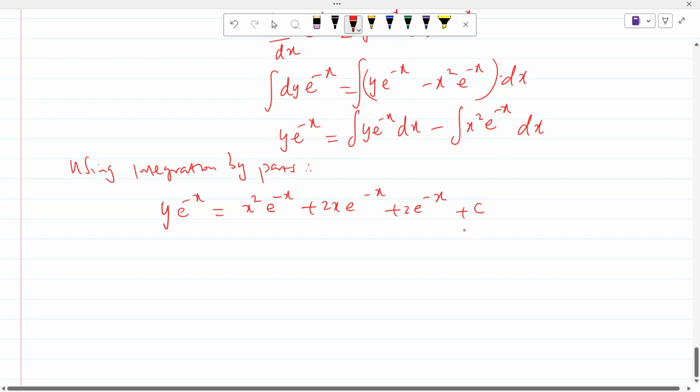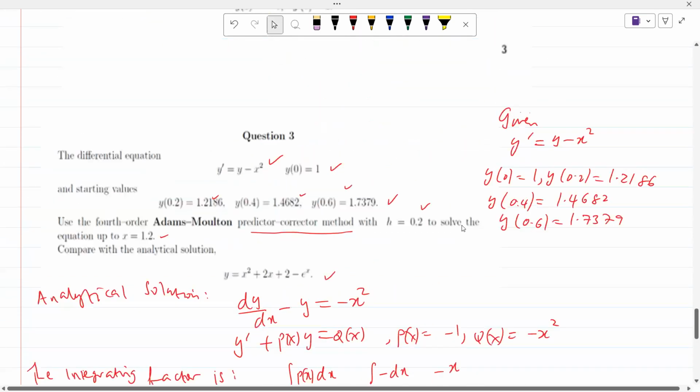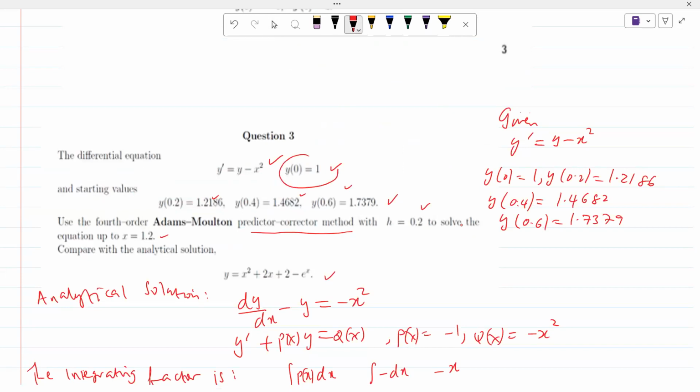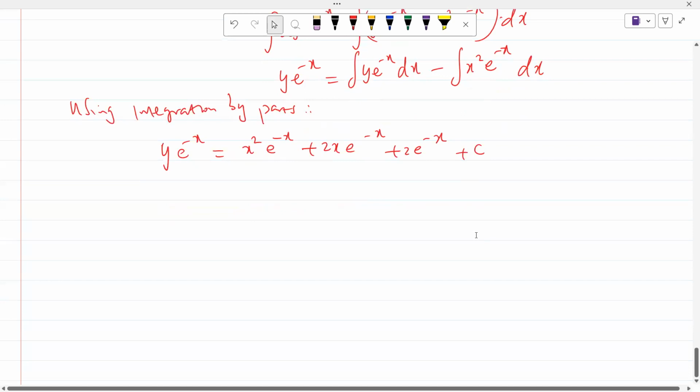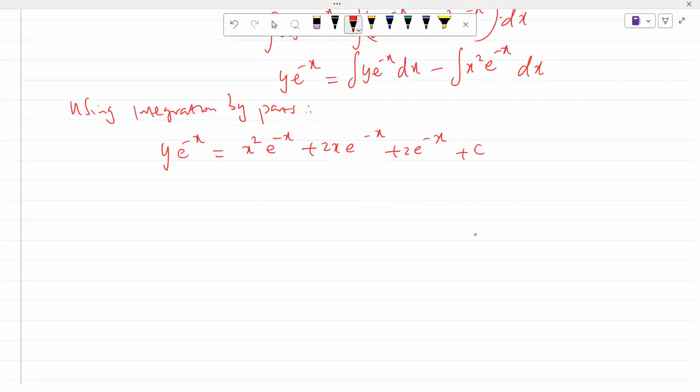Now you take an initial value and see what that is. The initial value is that y0 is 1. This is just the analytical solution component where we're manipulating using calculus techniques.